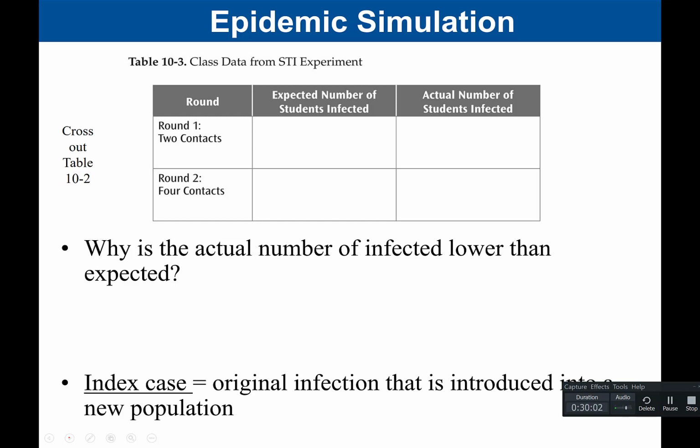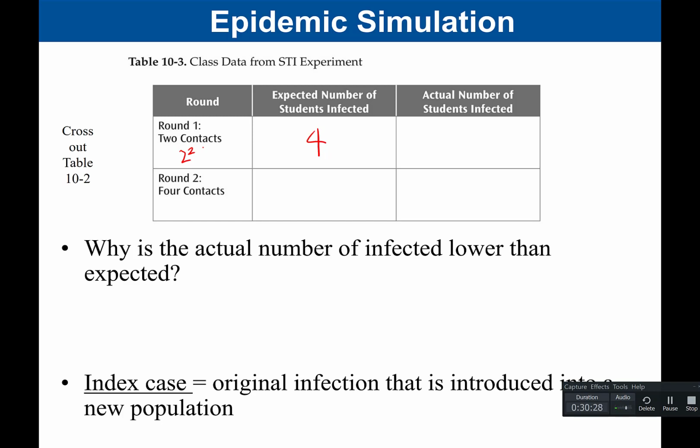So round 1 is when we have 2 contacts. What was our expected number of students infected? So how many people did we expect to have the disease? And the answer is 4, right? 2 to the second power. We expected that 4 people would have the disease.